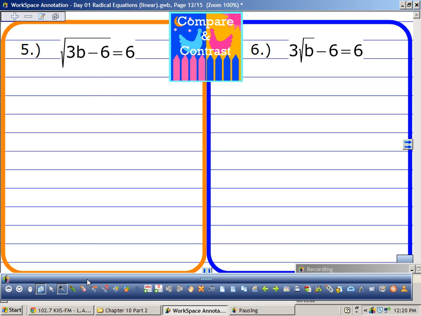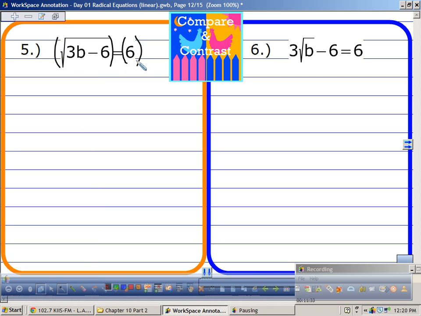Okay, so let's do this one. I can't do anything to it, and so I'm just going to square both sides. When I square the square root, I'm left with 3b minus 6 equals 36. Now, we just do all the inverse operations, right?